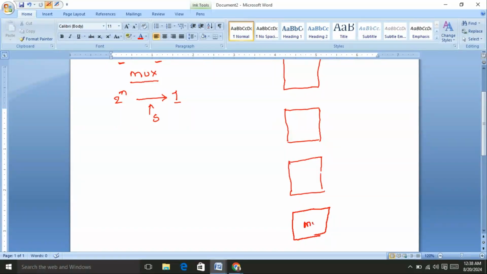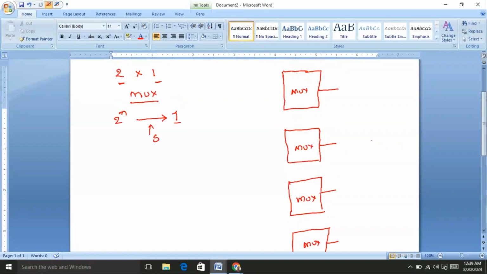So this is the mux. It has only one output, and this is also only one output, and this is also only one output.